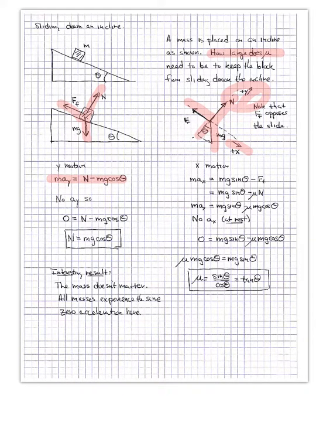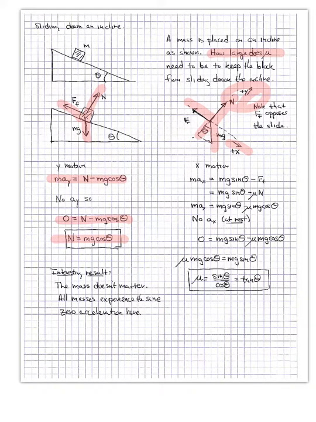And once again, this block is not going to fly off the incline. It's supposed to sit there. So the net force and the net acceleration are 0, which allows us to write the normal force as mg cos theta. Again, this is a rather common result for inclined plane problems, but you have to be careful. It's not always the case.